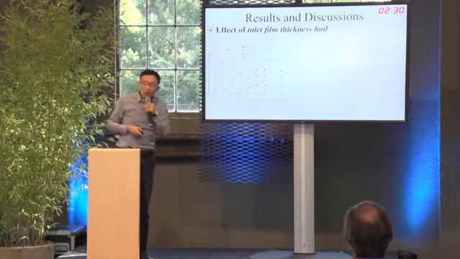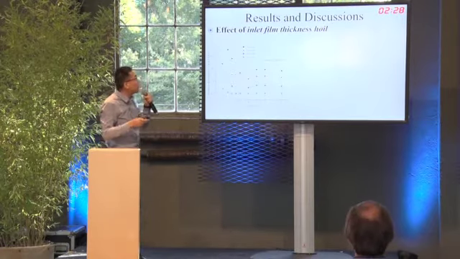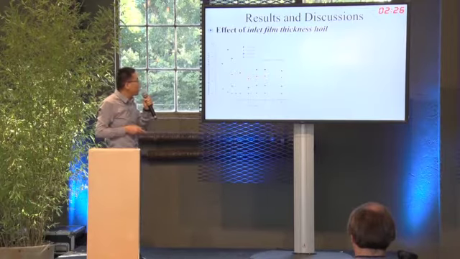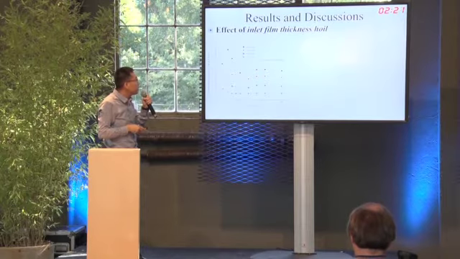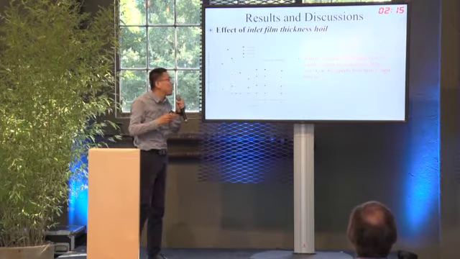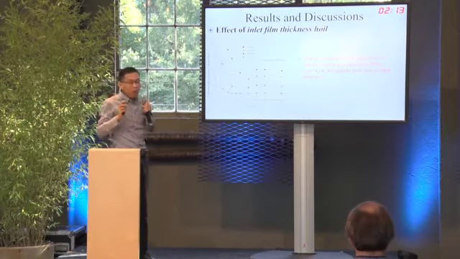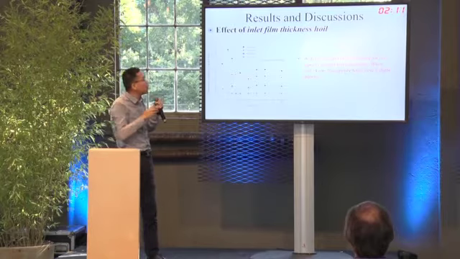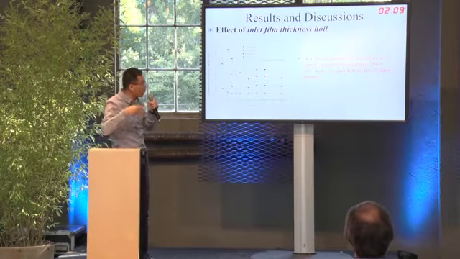At last, we investigate the effect of inlet film thickness H oil with various surface roughness. From this figure, we can find an interesting finding. With the increase of H oil up to 4 micrometers, the asperity contact force decreases.